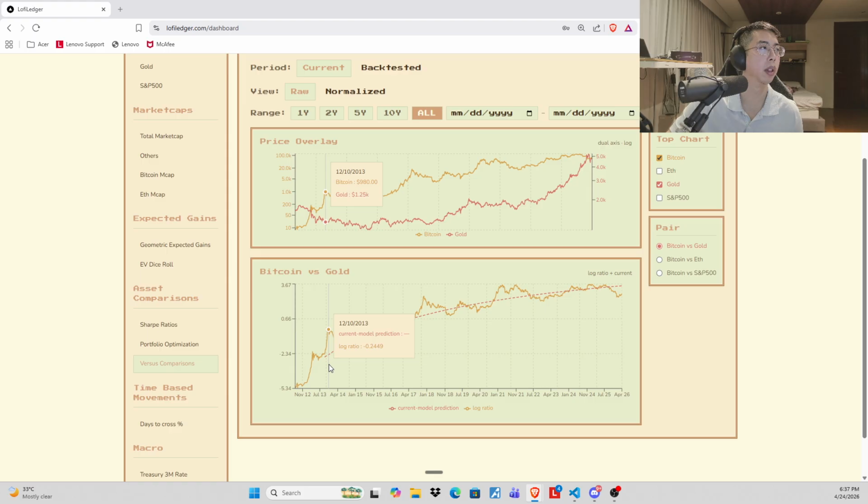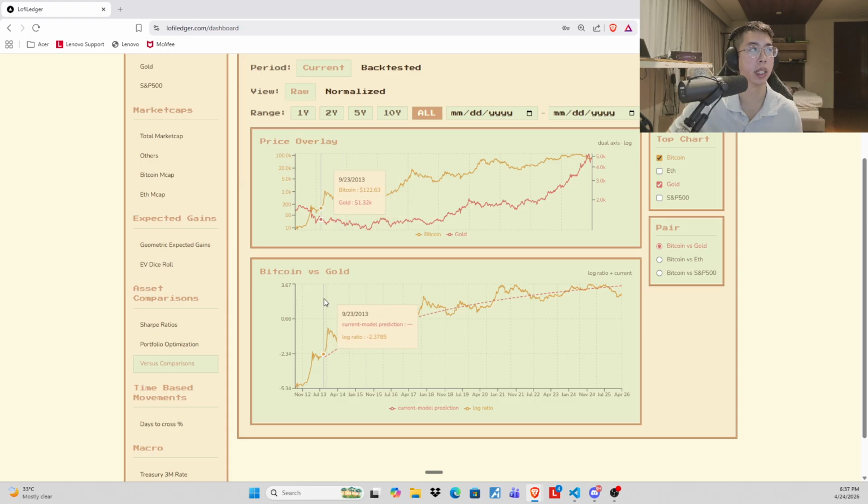But if the bottom chart is going down, that means that Bitcoin is losing money compared to gold, right? So now we have this single chart that shows whether or not assets are gaining or losing against each other.